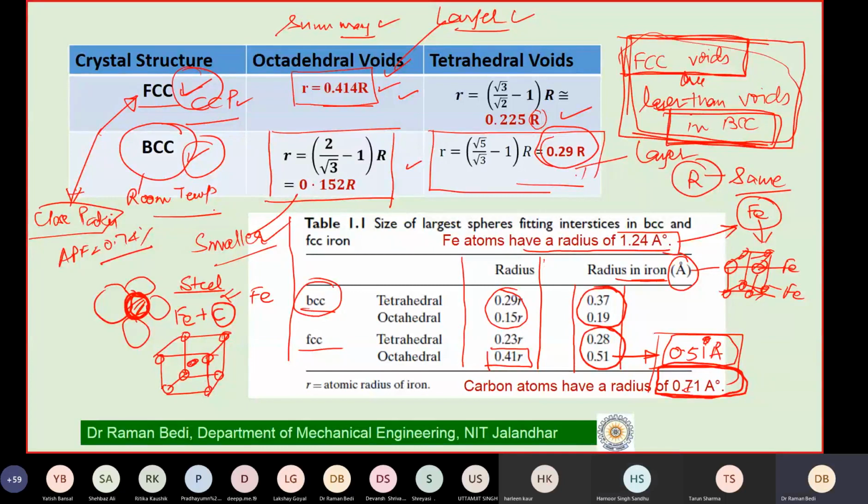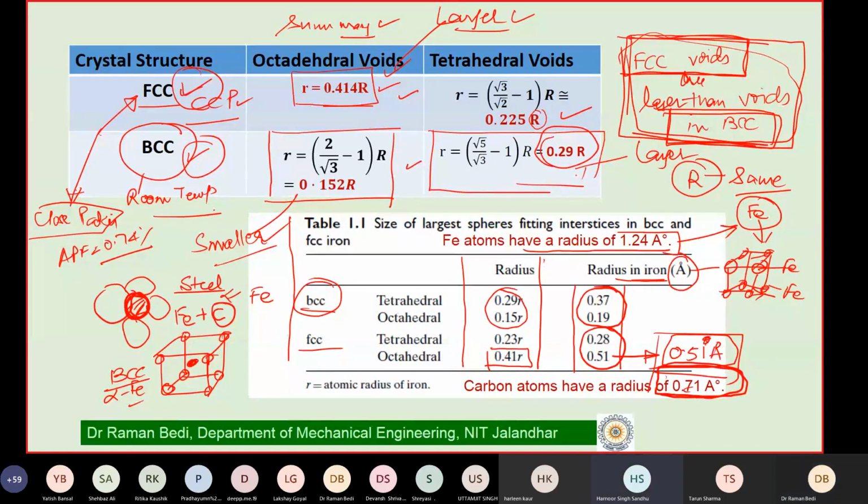This is BCC iron, which is known as alpha iron. So where will these carbon atoms go? We already know that carbon atoms have an atomic radius of 0.71 angstroms. So they will go into the interstitial. Is it right?